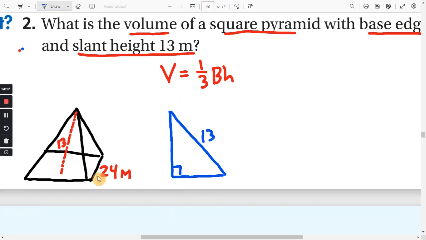And remember, if the base side length is 24, then this is going to be half of 24. And this right here is the height of the pyramid. So half of 24 is going to be 12. Okay, so solve for the height h and then solve for the base area, capital B.